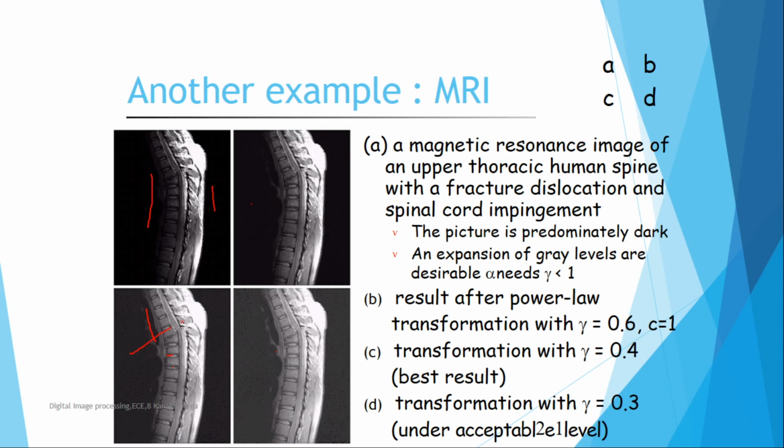So this is the most suitable for finding dislocation of spinal cord alignment. This one can be acceptable, but these two cannot be acceptable, since we cannot find the information in these areas.